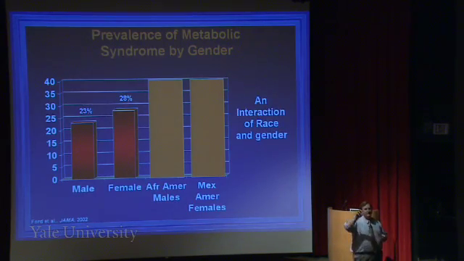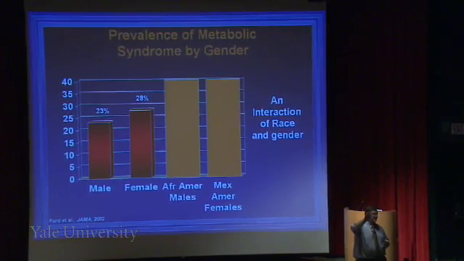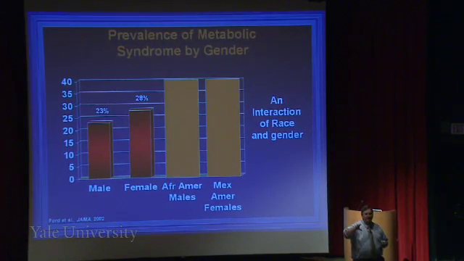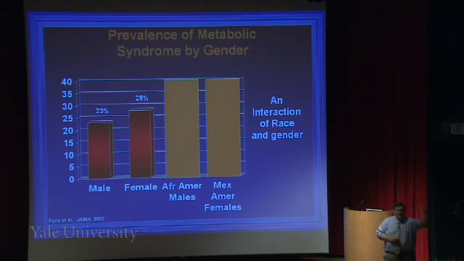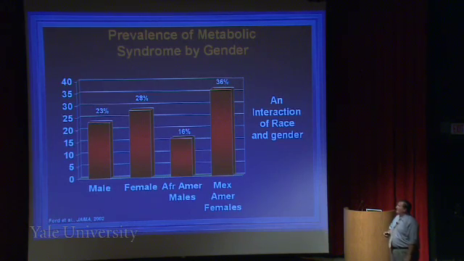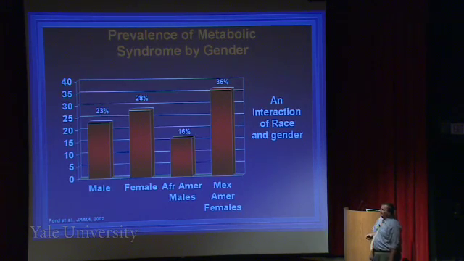When you put together the race risk that was highest in the Mexican Americans with the gender risk, higher rates in women, you'd expect the rates to be especially high in Mexican American women, and in fact that's what you find. So more than doubling the risk in certain segments of the population. These kinds of results show how important it is to do studies that don't group everybody in the population together.